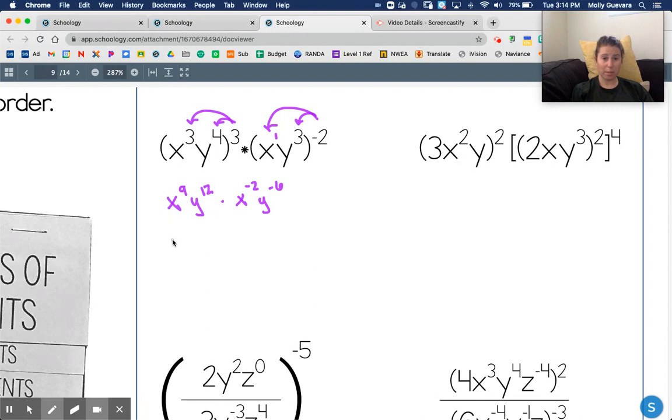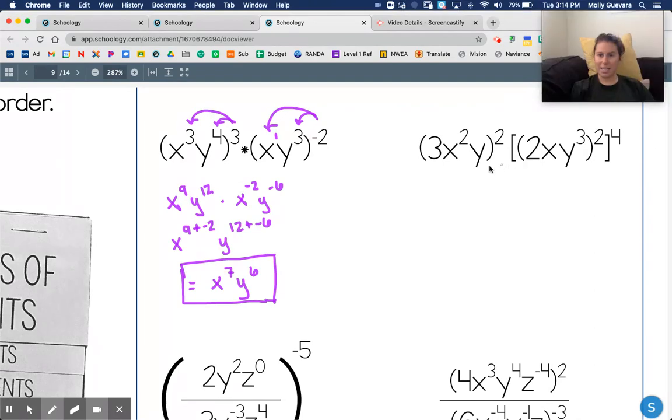I'm multiplying them. So it becomes x to the 9 plus negative 2, y to the 12 plus negative 6. So my final answer is I get x to the 7th, y to the 6th. And since there's no negative exponents, I don't have to simplify it anymore. And that's it.